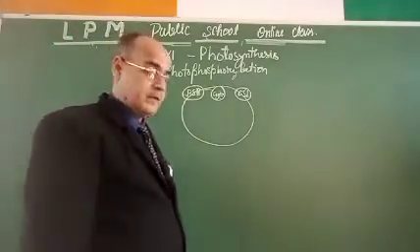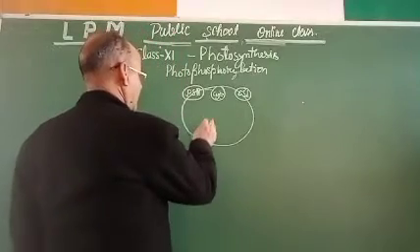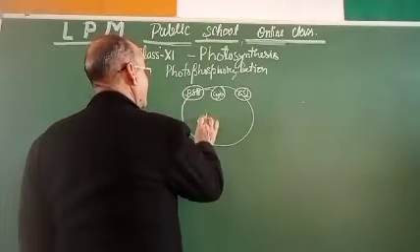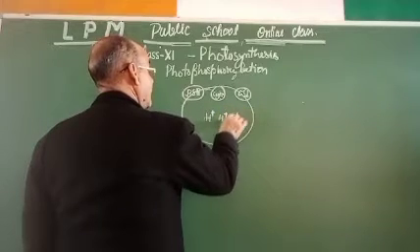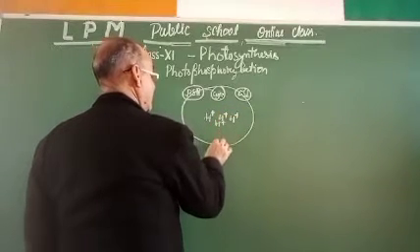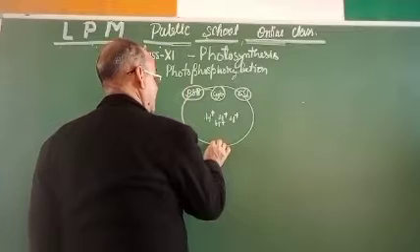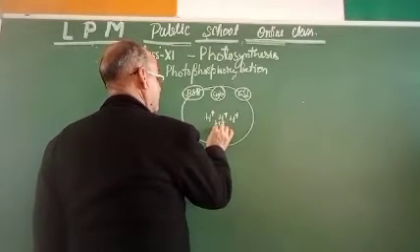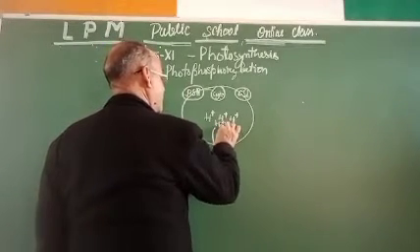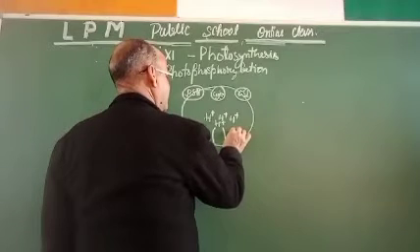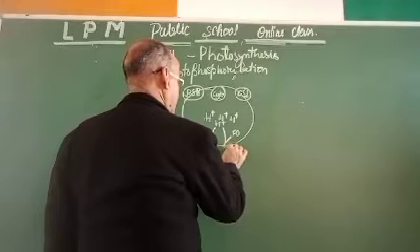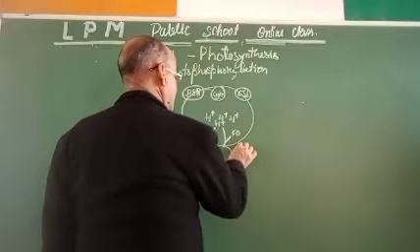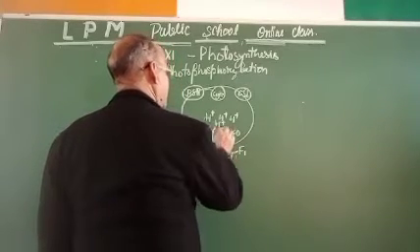Hydrogen ions will be here, something like this, and there will be two pumps. One pump is called F0, and another pump is called F1.